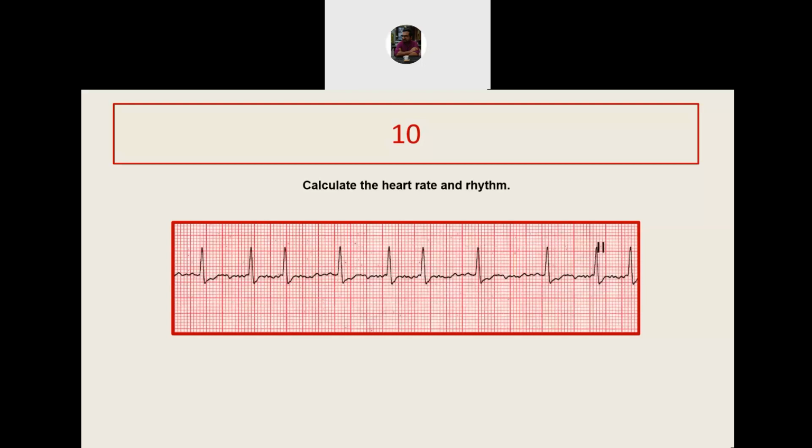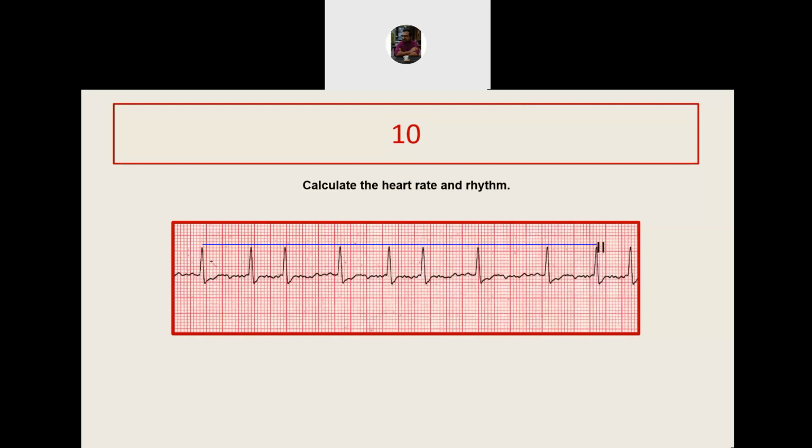So how do you find out the rate in presence of an irregular rhythm? There are different ways of doing that. There are various ways of reporting this. I find one method to be easy. So you take a longer distance like this from one R wave to a number of R waves apart and see how many small boxes are there.